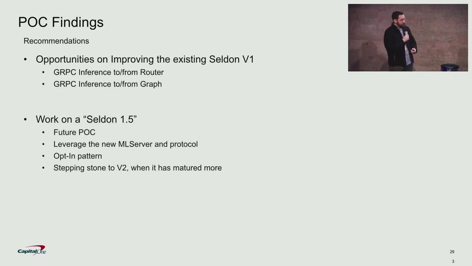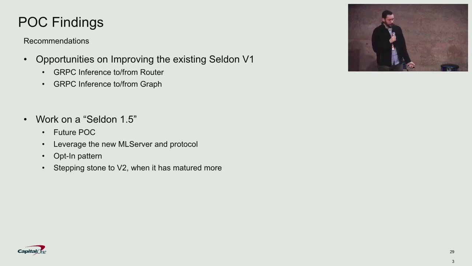So our recommendations to improve performance on our existing offering are to fully support gRPC connection between our abstraction API, known as the router, and the model, and then internal communication to the pod, which means from Seldon's orchestrator to the different nodes of the graph, would also be gRPC, because gRPC is significantly faster, about 15% faster than regular old REST.